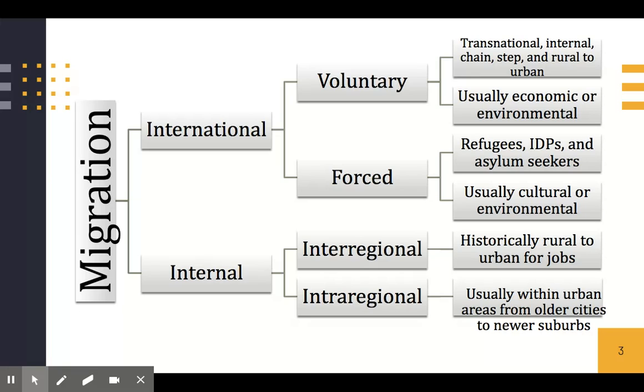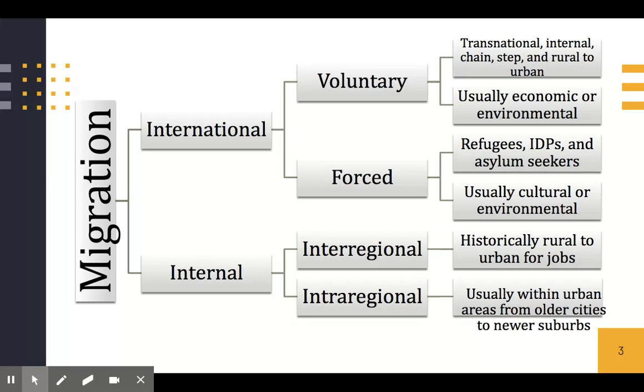We usually see this internal migration from older cities to newer suburbs in stage 3 and 4 countries, and interregionally, this happens all over the world, but it's kind of a global phenomenon now.